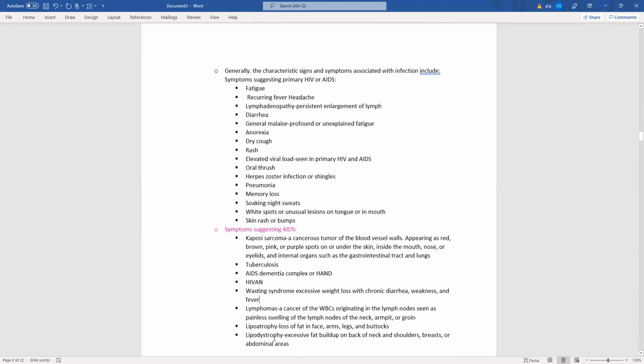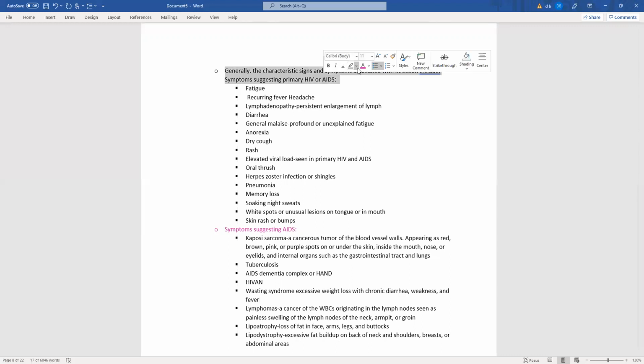Lipoatrophy, loss of fat in the face, legs and buttocks, and lipodystrophy, excessive fat buildup on the back of the neck and shoulders, breast or abdominal areas. With this, it's just like the wasting syndrome, like they're withering away.